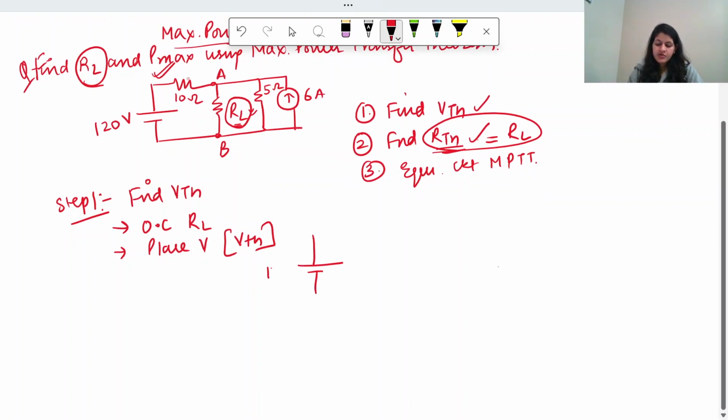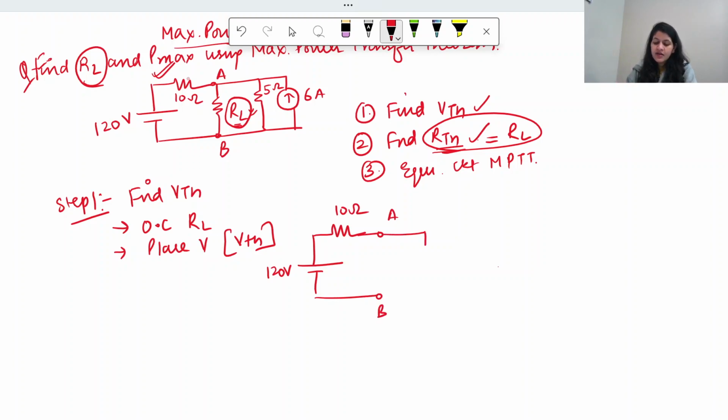This is 120 volt, then this is 10 ohm, this is point A, this is point B. This RL is open circuited now, and this is 5 ohm, and this is 6 ampere, right? So this is where VTH is. You can just name these polarities like plus and minus.